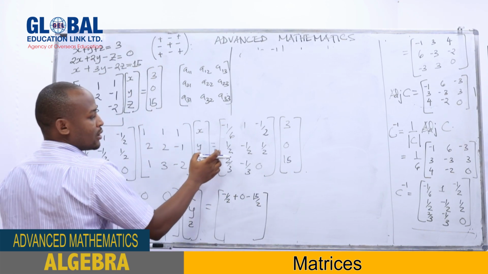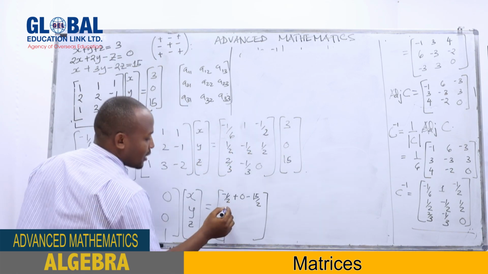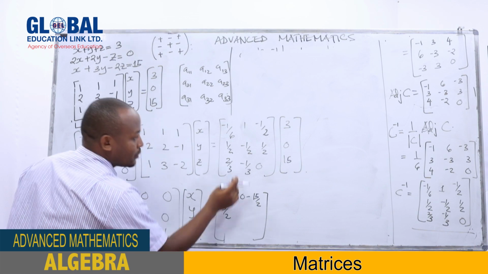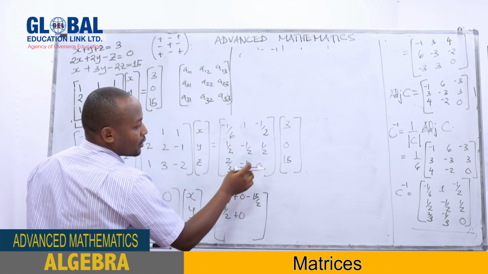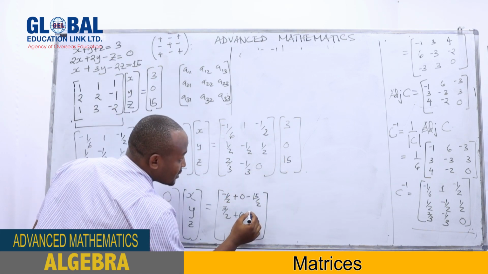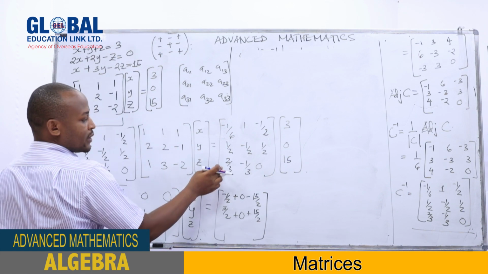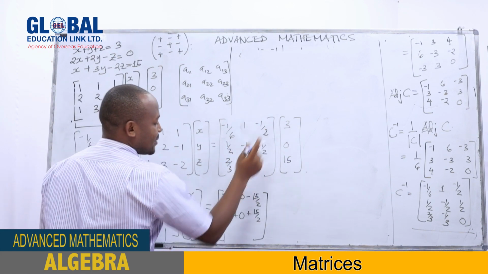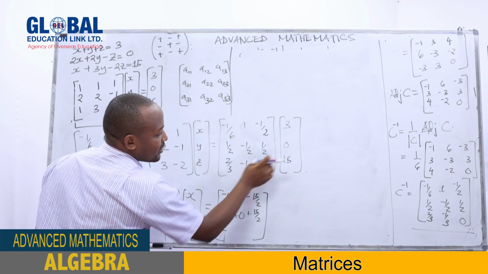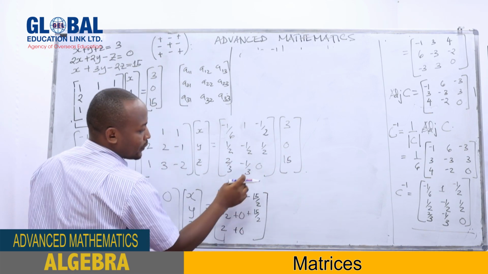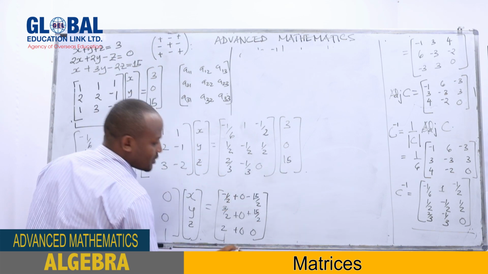And coming to the second is a half times 3, that is 3 over 2. A half times 0 is plus 0, and a half times 15 is positive 15 over 2, and 2 over 3 times 3 is 2. Negative 1 over 3 times 0 is 0, and 0 times 15 is 0.